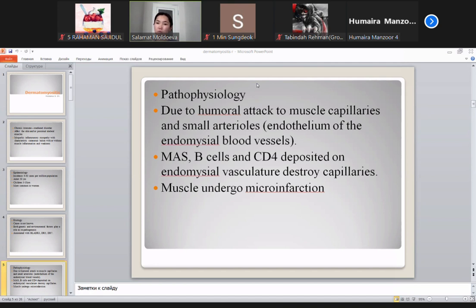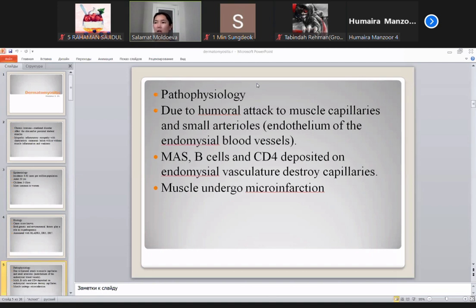When the endothelium of capillaries and arterioles is affected by viral infection, there will be a humoral attack on this endothelium, because they found that the endothelium is changed, and they should stop this process. And again, the same process starts. There will be deposition of inflammatory cells, which increases destruction of capillaries.